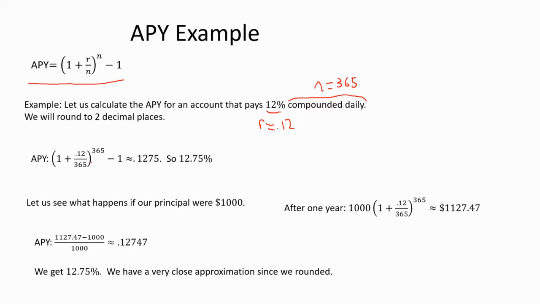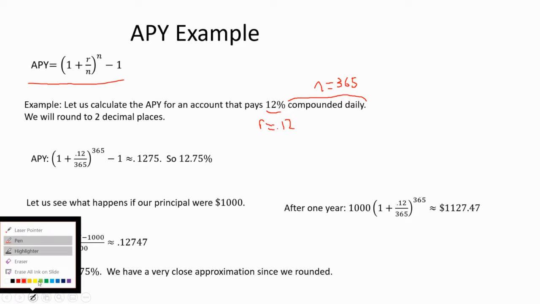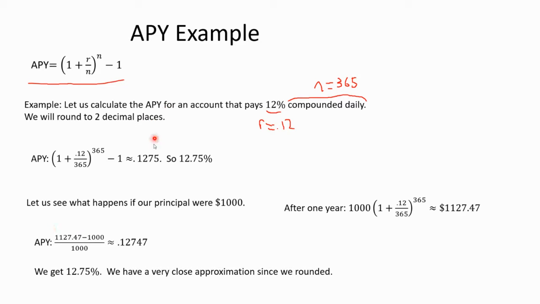So we plug that into the formula. And when you do that, what happens? We get this calculation. And that's equal to 0.1275, which is approximately 12.75%. So that's what happens here.